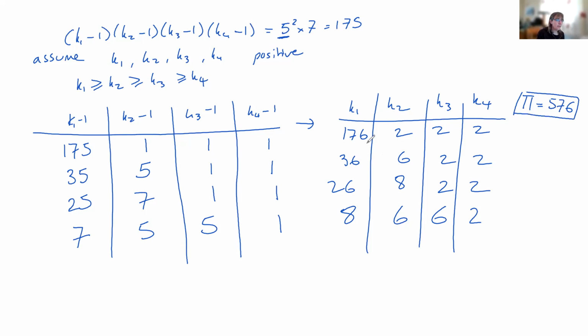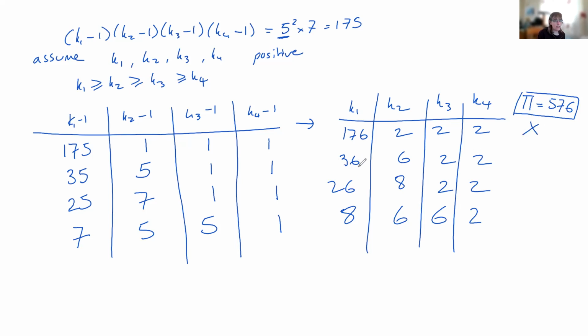Okay, if we do 176 multiplied by 2, that's going to be more than 300, because this is more than 150. If we multiply it by 2 again, that's going to be more than 600, so that one's not going to work.